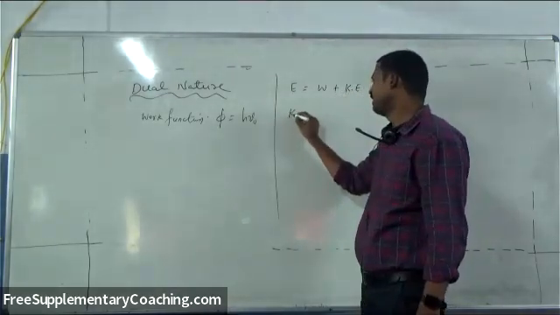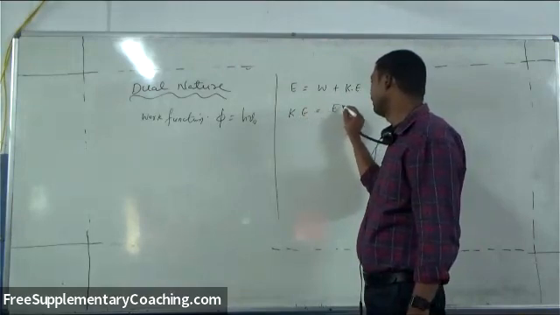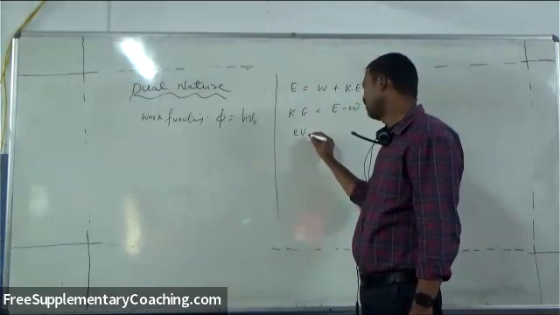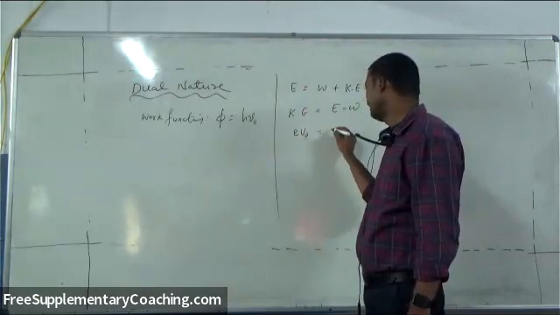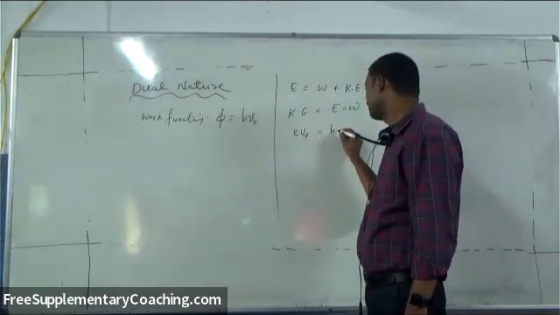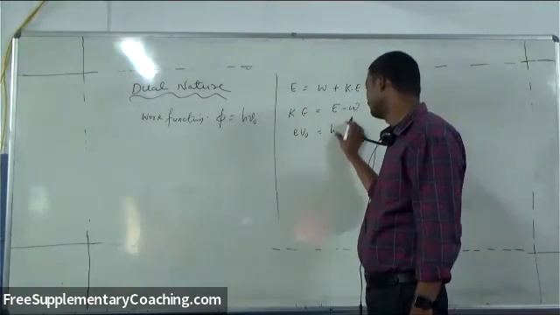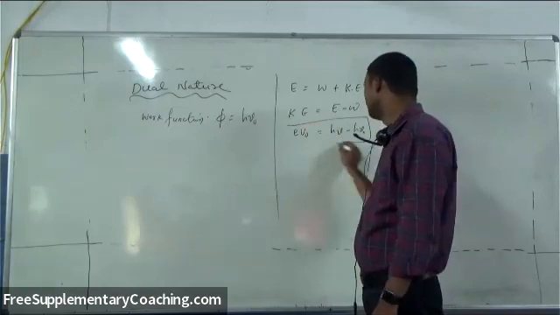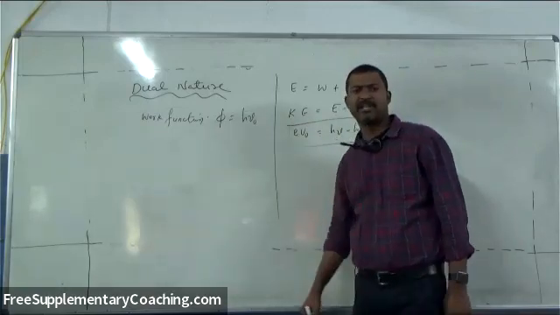This can be written as kinetic energy equals E minus W. So kinetic energy we can also write as eV naught, and E is h nu, minus h nu naught. This is the Einstein photoelectric equation.